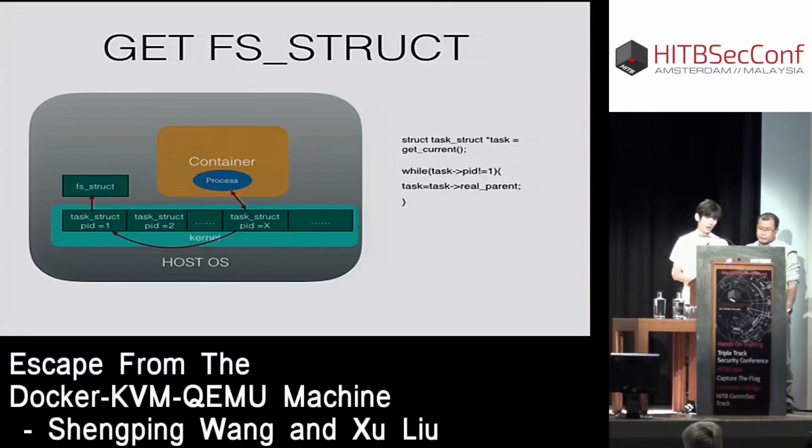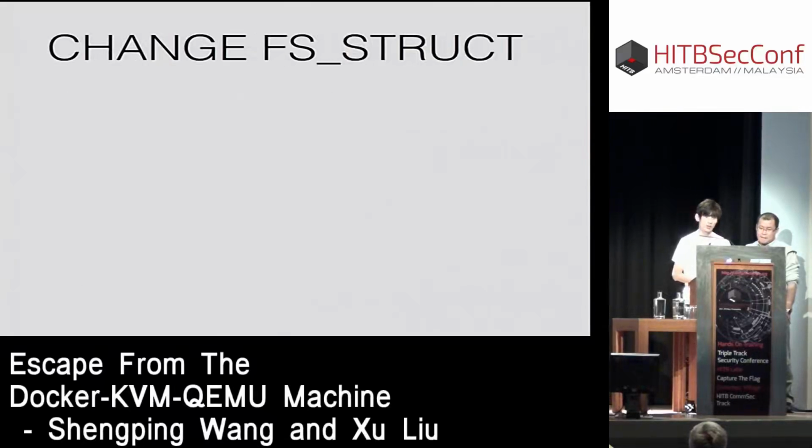Then get the FS structure of the initial process. And this is the code to get the FS structure of the first process of the Linux operating system. After that, we can use the found FS struct to replace the current container's FS struct to make the current container process get the global file system access permission on the host operating system.